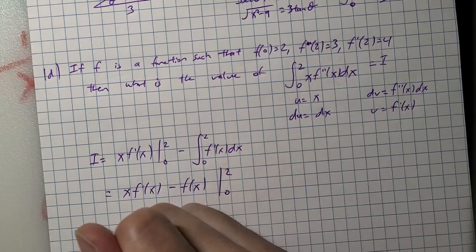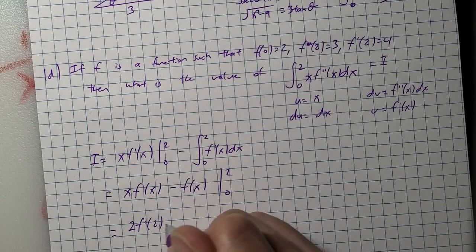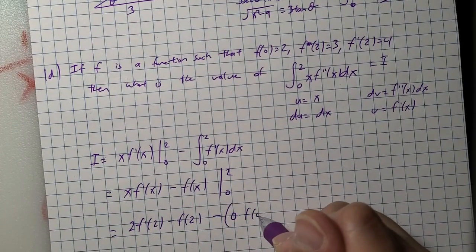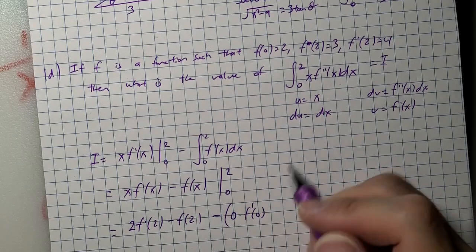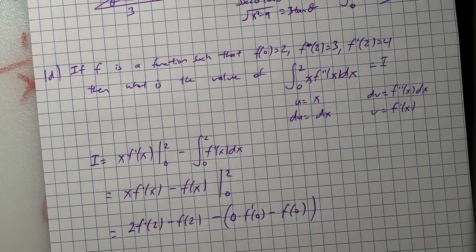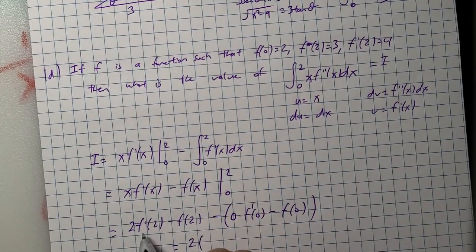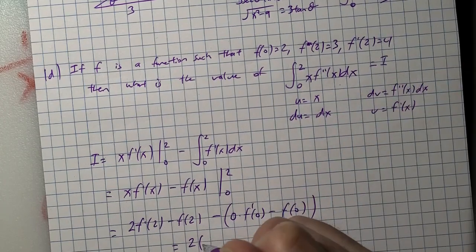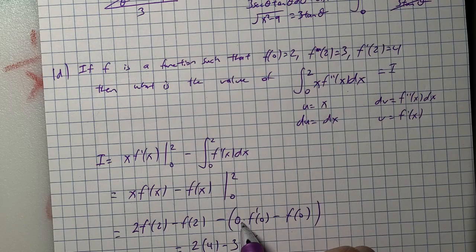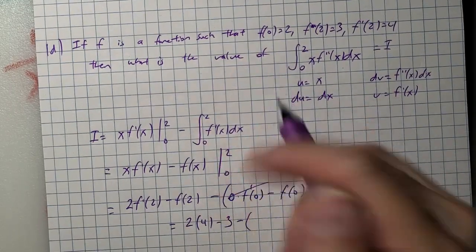So we would get 2 f prime of 2 minus f of 2 minus, in parentheses, 0 times f prime of 0 minus f of 0. Okay? So this is simply just 2 times f prime of 2, we are given as 4, minus f of 2, we're given as 3, minus 0 times whatever is 0, f of 0, we were given as 2.